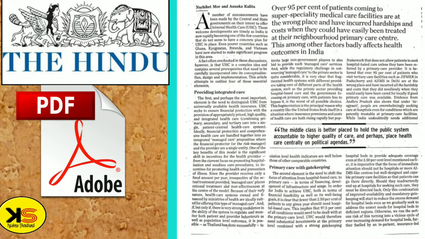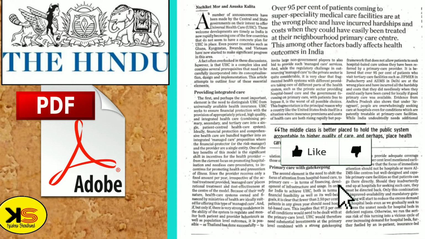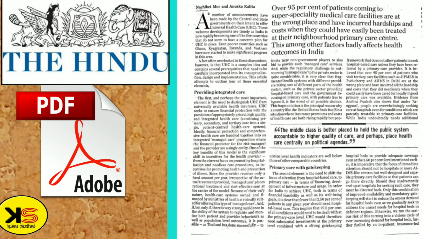The first and perhaps the most important element is the need to distinguish UHC from universally available health insurance. UHC seeks to ensure financial protection with the provision of appropriately priced, high quality and integrated healthcare, combining primary, secondary and tertiary care into a single patient-centered healthcare system.